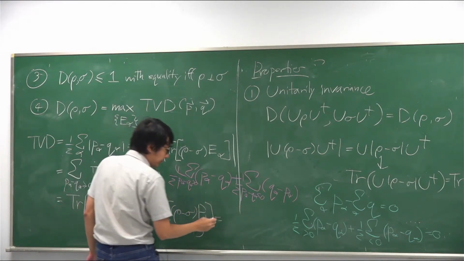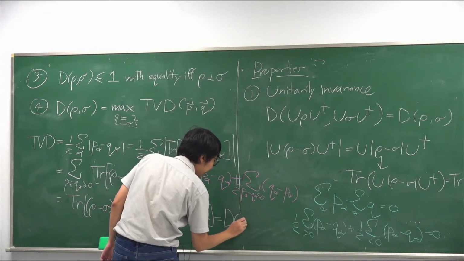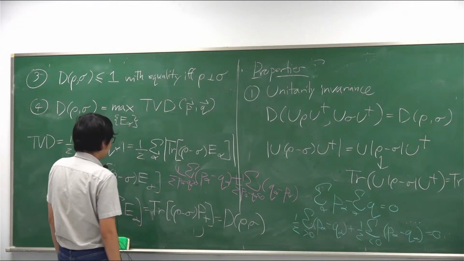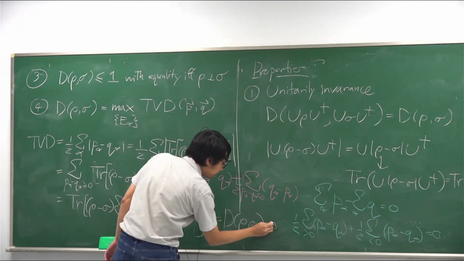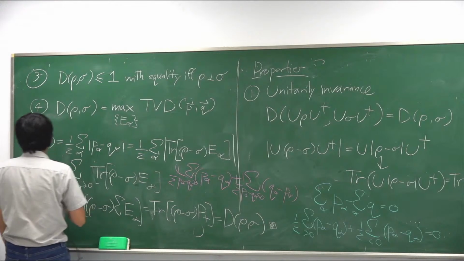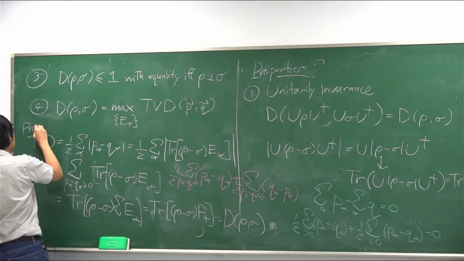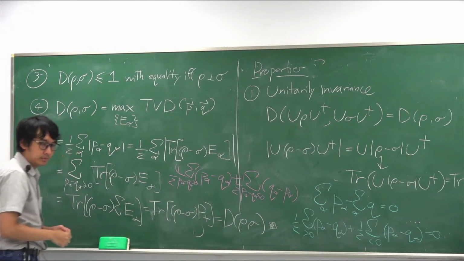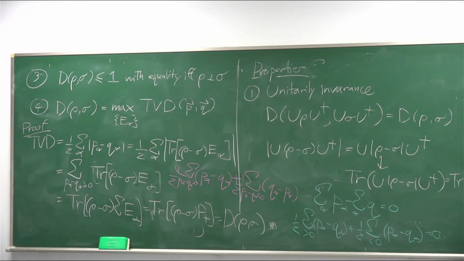Which is the, not the TVD, the trace distance. Any questions on that?